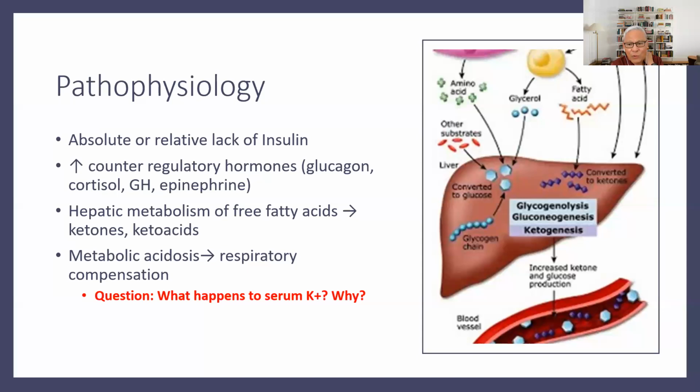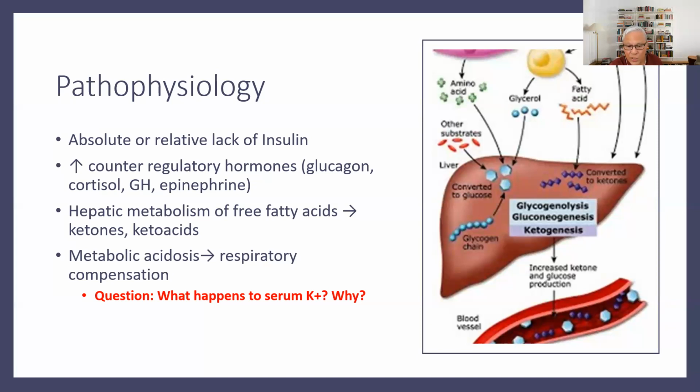And what happens with lipolysis, or the breakdown of fat, is there's going to be an increase in free fatty acids. So free fatty acids are the ones that are utilized as an alternative energy source. This results in the accumulation of metabolites, and those metabolites include ketones. And therefore, that's how ketoacidosis is going to occur.